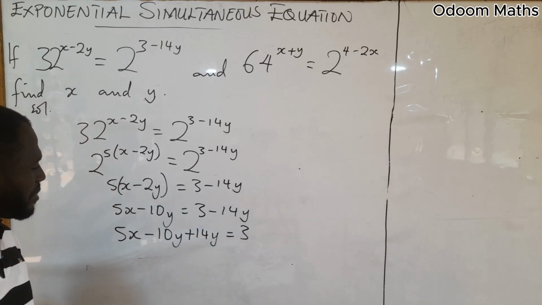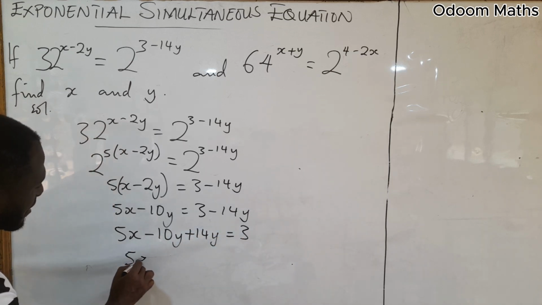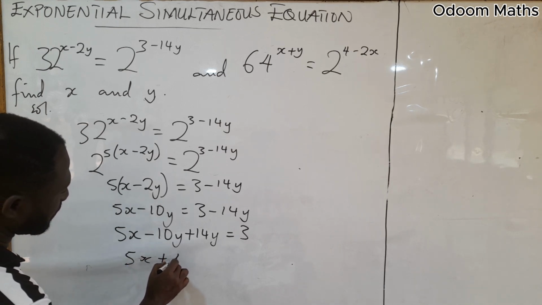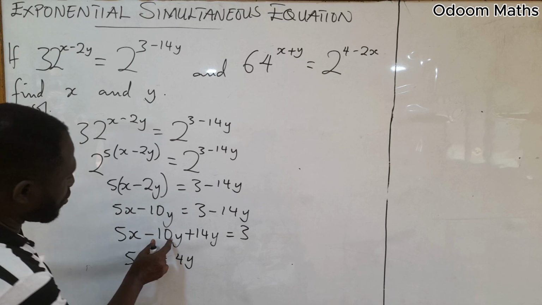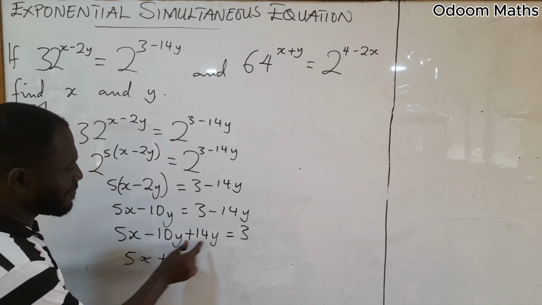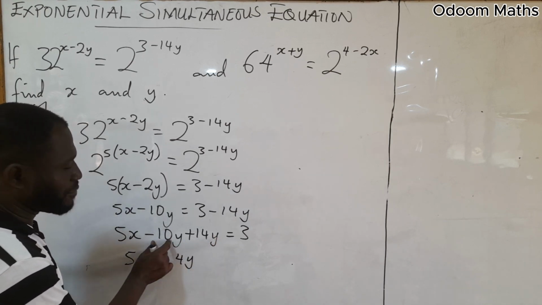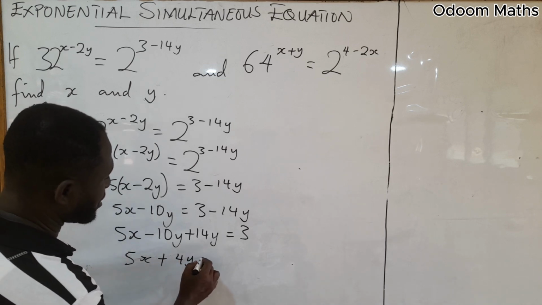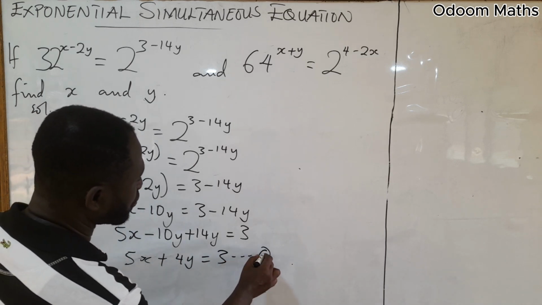So from here, my 5x plus 4y, that is, I am owing 10, but I've been given 14. So when I pay my debt of 10, I'll be having 4 remaining, equals 3. So this is my equation 1.